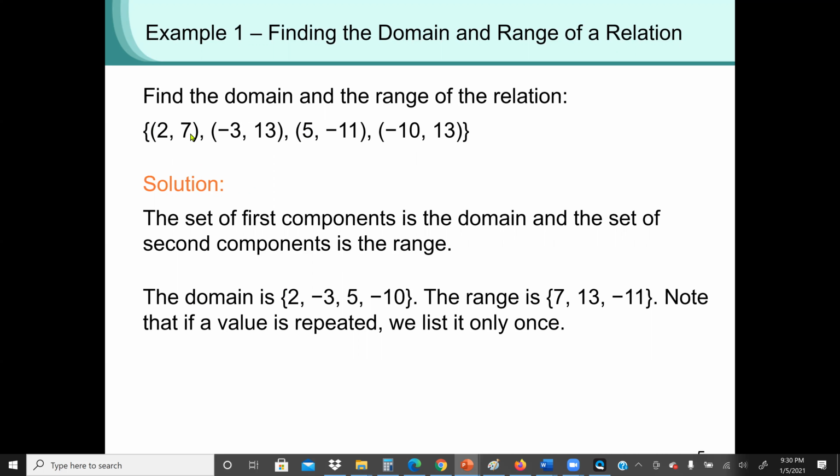So here our range is 7, 13, and -11. Here they say we should note that if a value is repeated, we list it only once. So we cannot say 7, 13, -11, and 13 again. We don't need to repeat the same value twice.